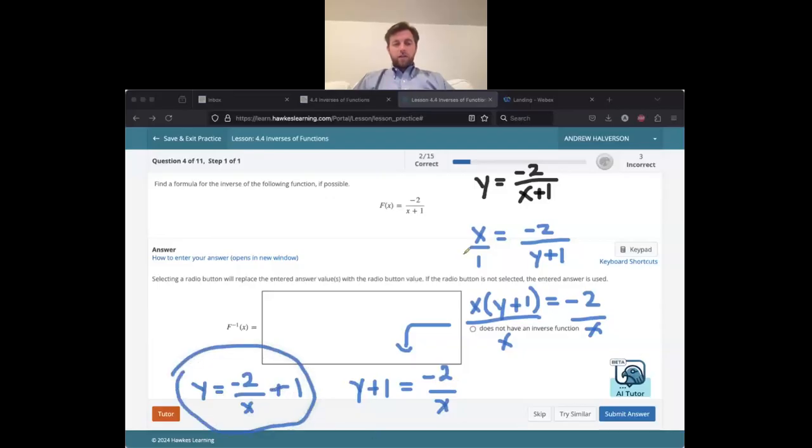This would be the answer, and it all hinges on this cross multiplication part. I wanted to give you that answer so that when you get another one like this, you have an example to mirror.